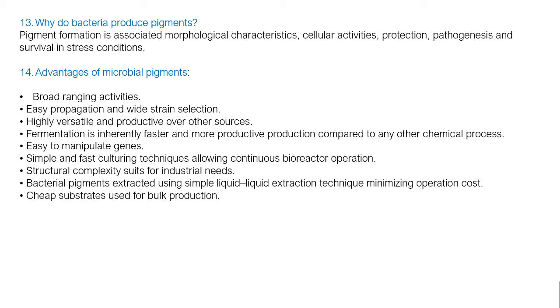Easy to manipulate genes. If you want more pigment production, then you can manipulate genes and you can get the high yield. Then simple and fast culturing techniques allowing continuous bioreactor operations. Structural complexity suits for industrial needs.